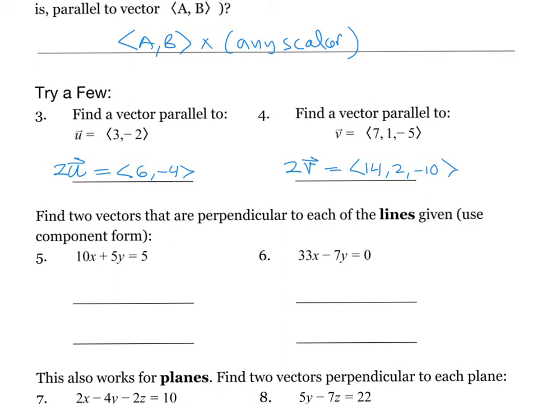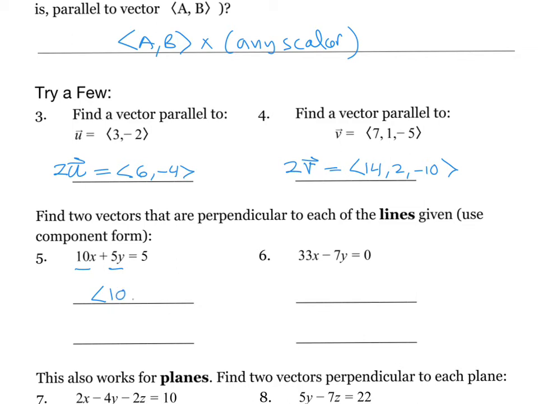Now we're going to extend that idea a little bit. Now I've got equations for a line in both cases, and I want to find for each of these lines two vectors that are perpendicular to the line in component form. So when you've got something asking you for a perpendicular vector to a line in standard form, all you need to do is grab the a and the b coefficients and use them to form a vector.